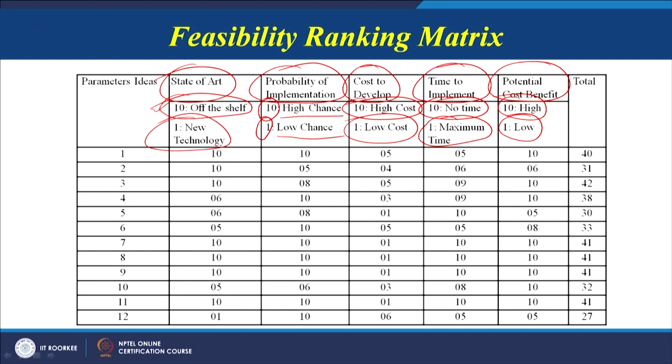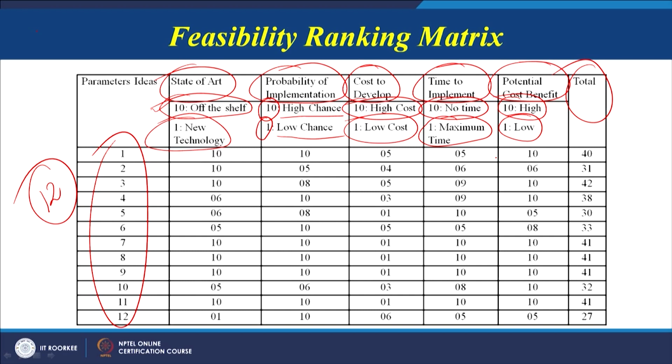Now based on these criteria, with scores from 1 to 10, we add up all the scores for the ideas. If you remember, we generated 12 ideas in the previous slide, and by adding these scores we calculate a total score.